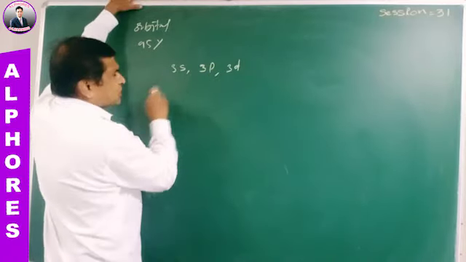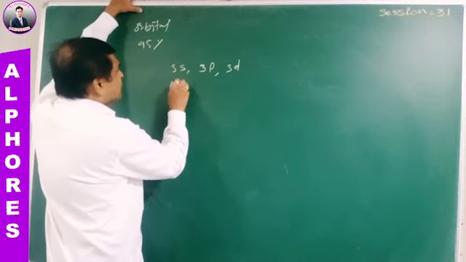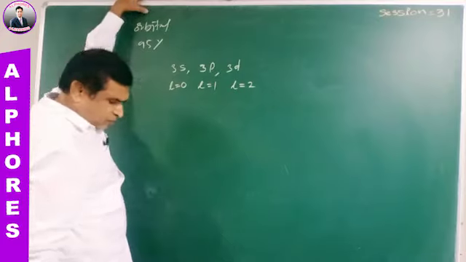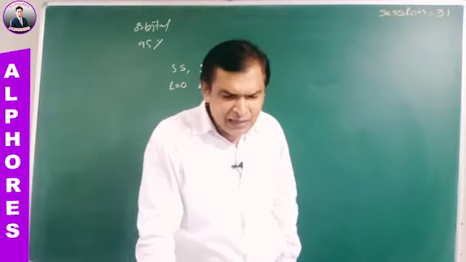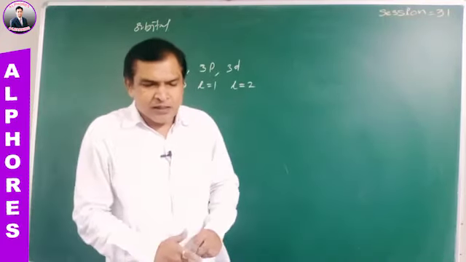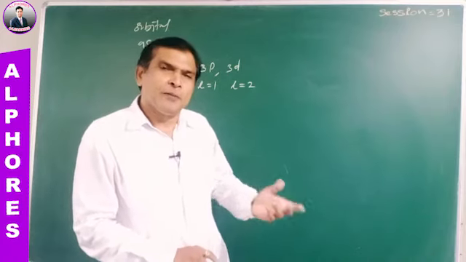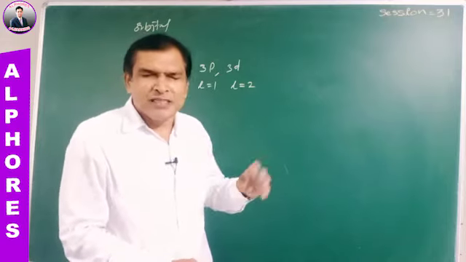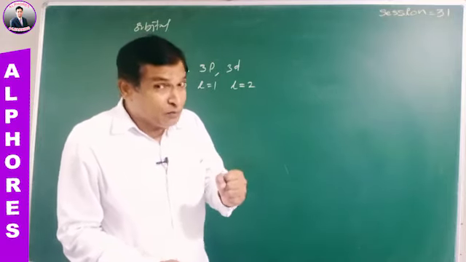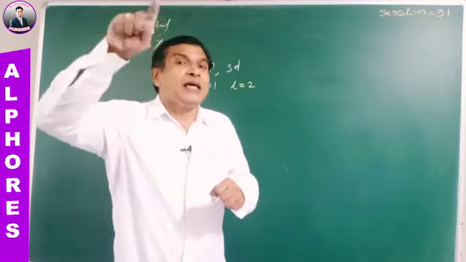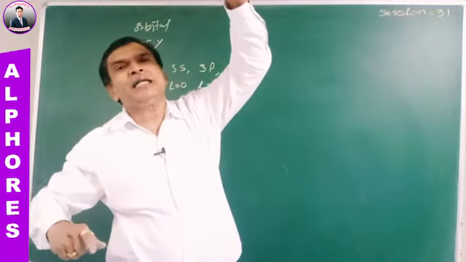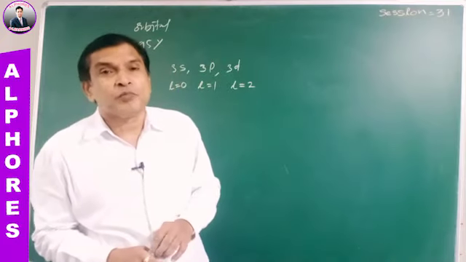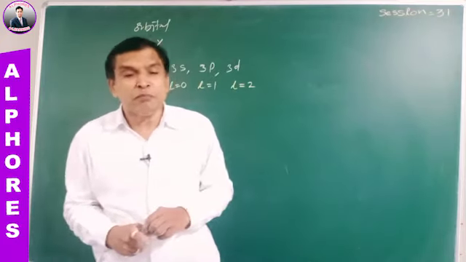So here L is equal to 0, L is equal to 1, and here L is equal to 2. Higher the value of L, the smaller the radii of maximum probability.